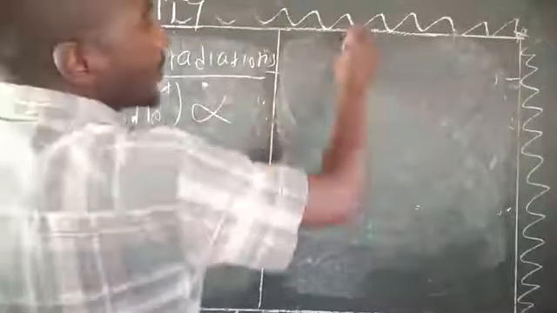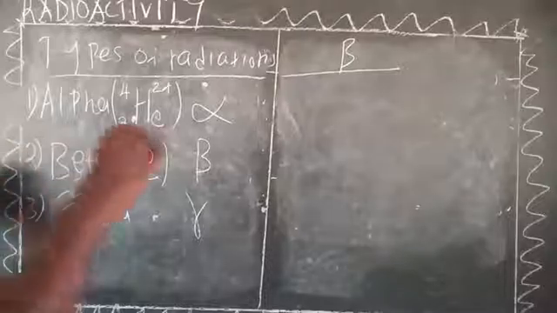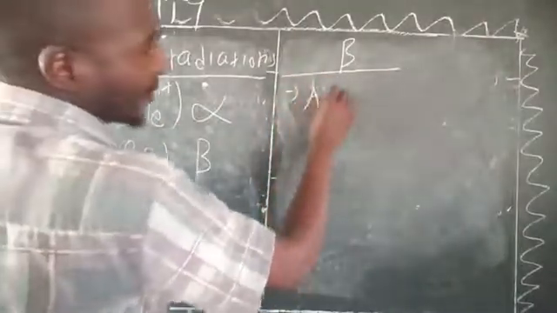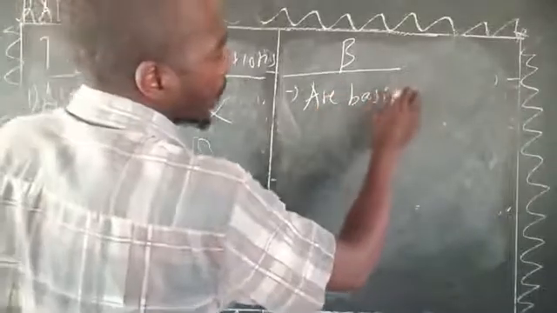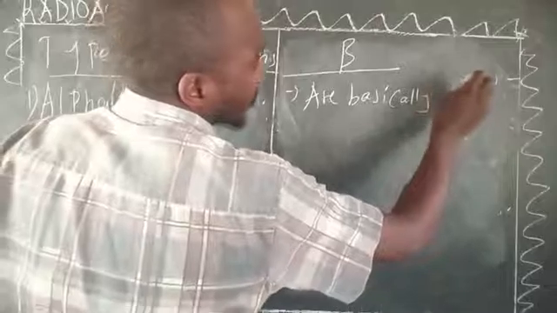The beta radiations, they are basically electrons.